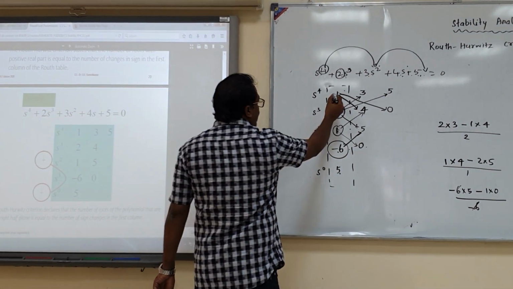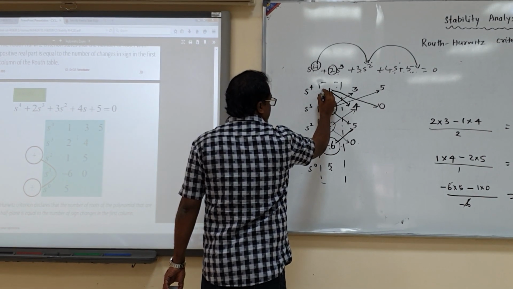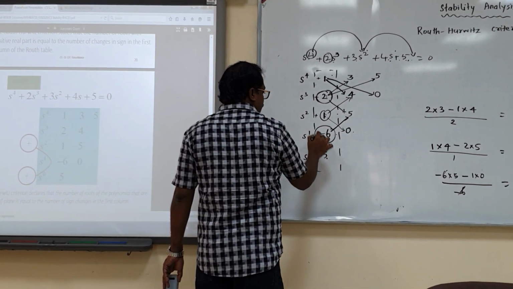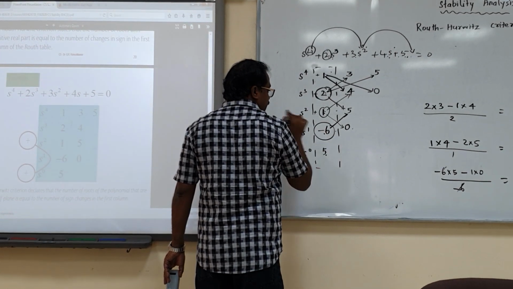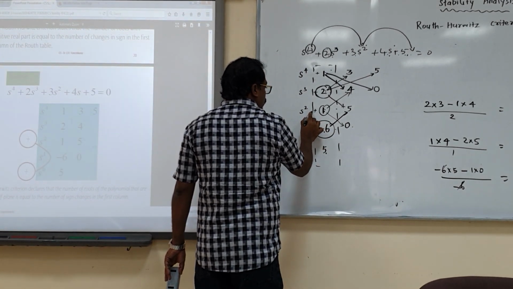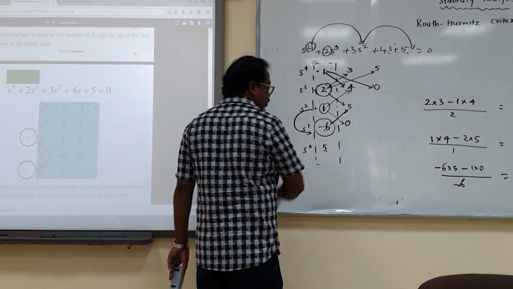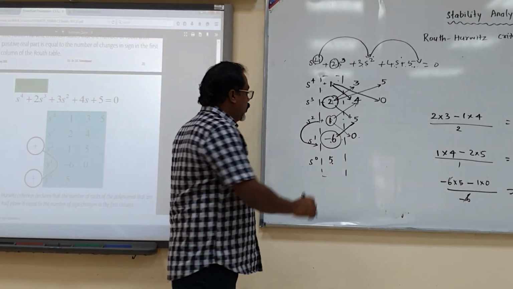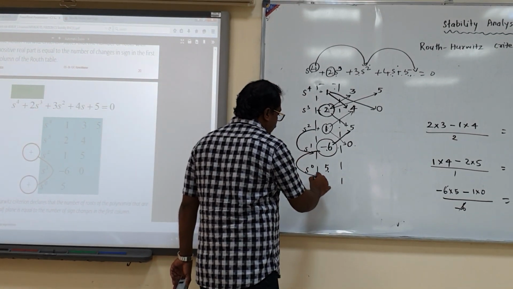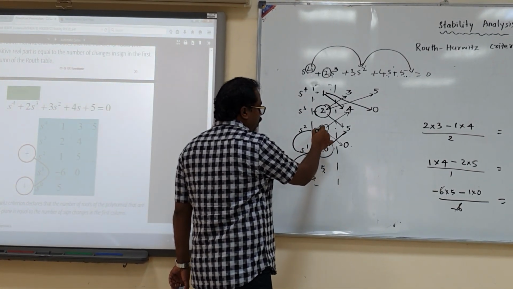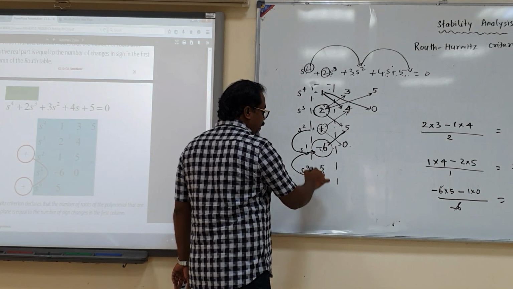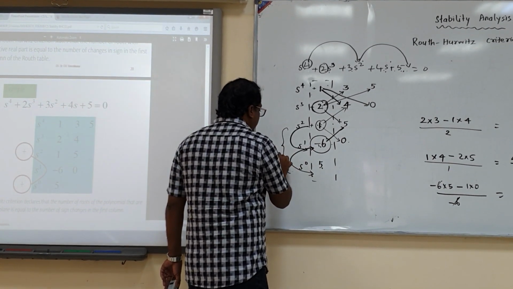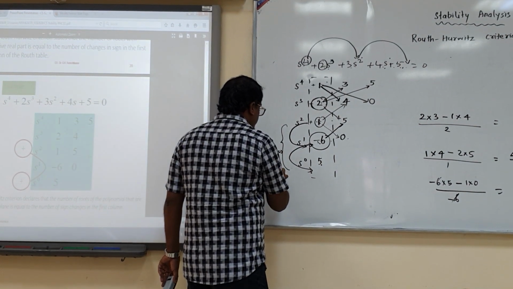You see here, the 1 sign is positive, the 2 sign is positive, 1 sign is positive. But here the 6 sign is negative. So, positive to negative, there is a sign change. And again you see the last number is 5, so negative to positive, there is a sign change. Positive to negative, then again negative to positive. So, 2 times there is sign change.